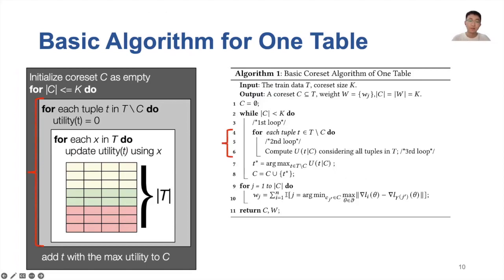Each iteration of the second for loop will compute the utility of a tuple t that is not in the coreset. In the third for loop, it iterates all tuples in T to compute the utility of the tuple being measured in the second for loop. Finally, it computes the weight of each tuple in the coreset, which will be used to approximate the full gradient.